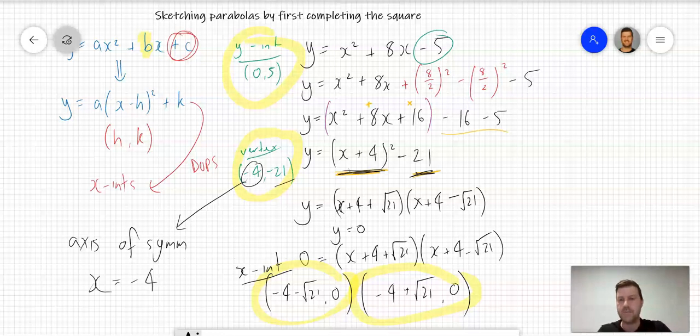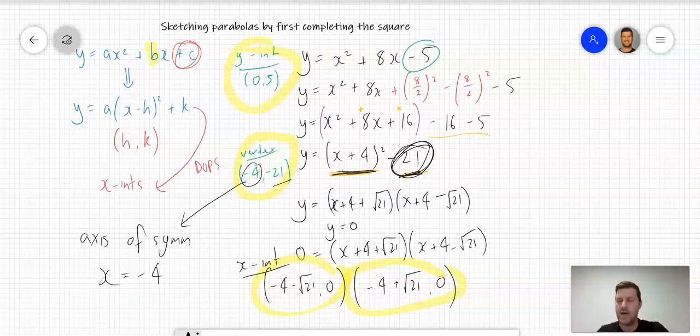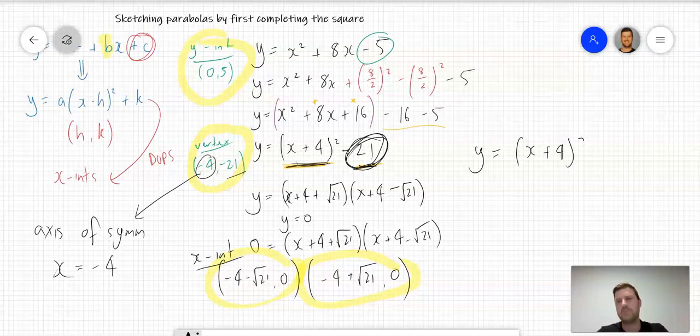All right, guys. So that's how you would, I guess, come up with those key features in order to sketch a parabola using the method of completing the square. Hopefully, when you get to this point, you got a nice square number. In fact, for argument's sake, let's just say we got to the point where we've got x plus 4 all squared take 25.